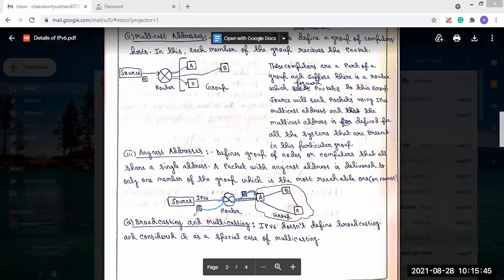Now, the fourth type is broadcasting. IPv6 doesn't define broadcasting. IPv6 doesn't use a broadcast address and considers it a special case of multicasting.